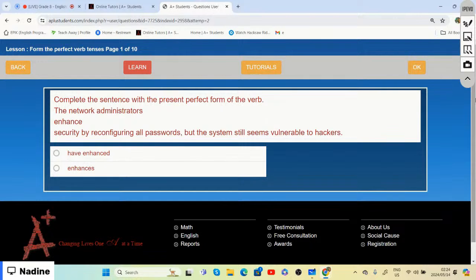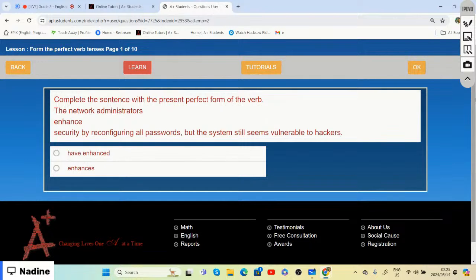The network administrators have enhanced or enhance the security by configuring all passwords, but the system still seems vulnerable to hackers.